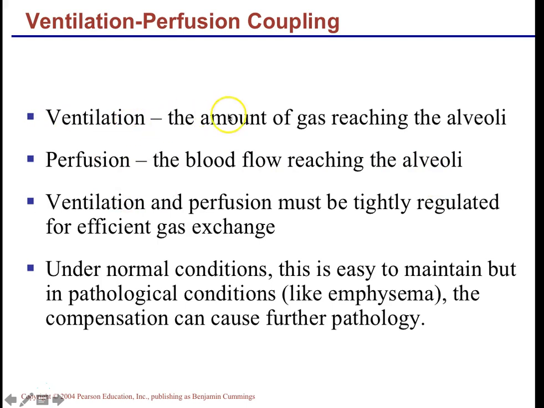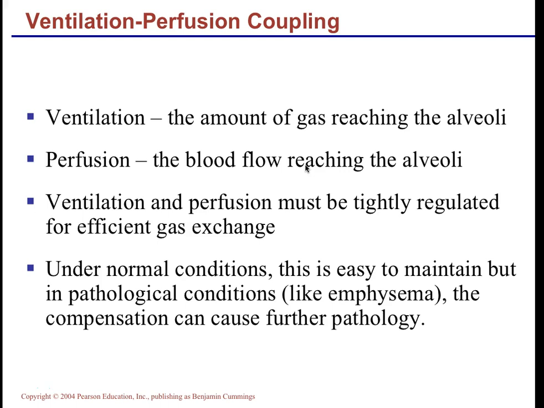So ventilation is the amount of gas reaching the alveoli. Perfusion is the amount of blood flow. Now, it should be a one-to-one exchange. For every oxygen that goes in, there should be one CO2 going out, and vice versa. So it should be ventilation equals perfusion.